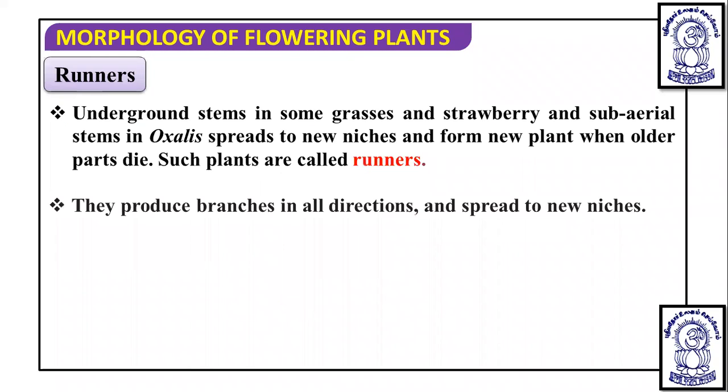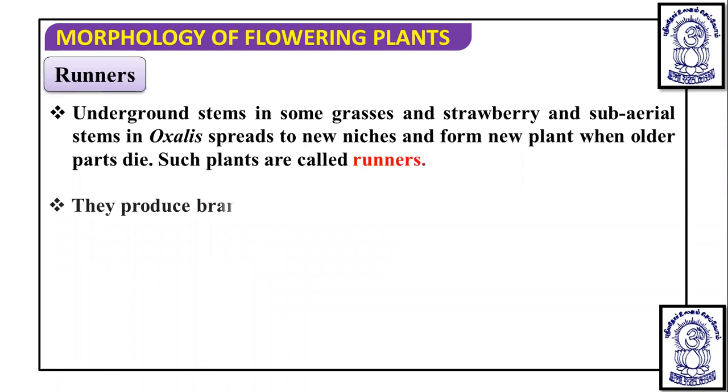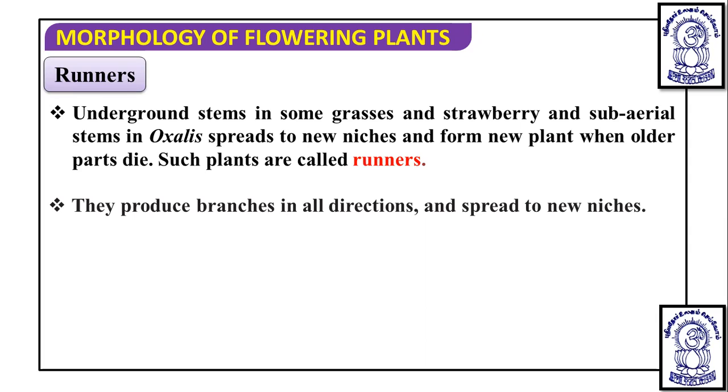So what happens here? Suppose this is the lateral branch. It has a node here, again a node here, and a node here, and at each node it is forming a leaf structure.